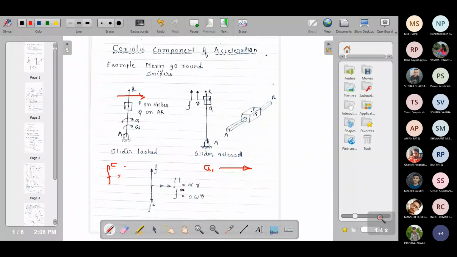We have discussed it. Anybody? How will you find the centripetal component? The centripetal component is towards the center of rotation, and its magnitude is V square by R.